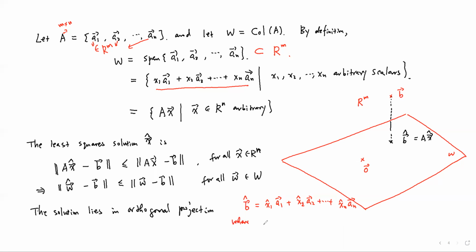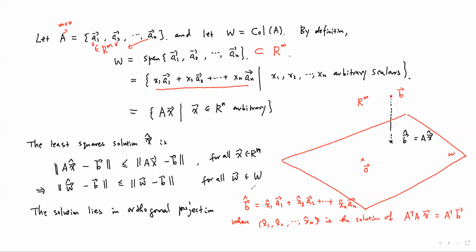Where x1, x2, the coefficients, is the solution of the linear system. Which linear system? A transpose times A times x equals A transpose times the vector B. Solve this linear system for x, then you get the projection point.